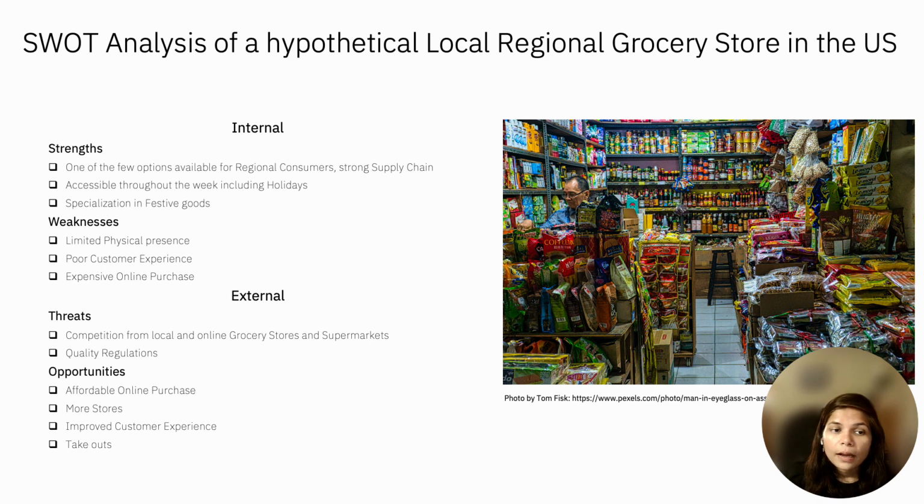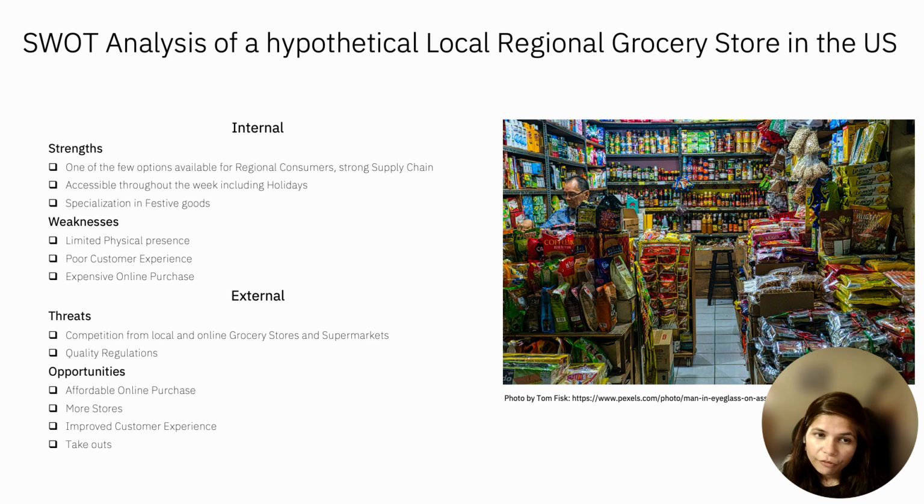So for example, this regional store has online purchase available, but it's very expensive. So the prices are marked up by 1 or 2%, and then again there's an expensive delivery fee, so that can contribute to poor customer experience and an expensive online purchase, which would force consumers again to come to the stores.